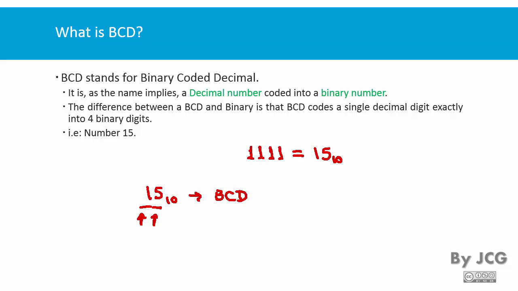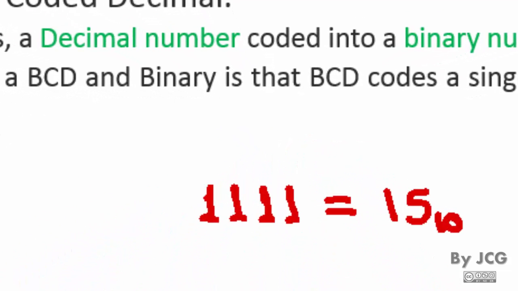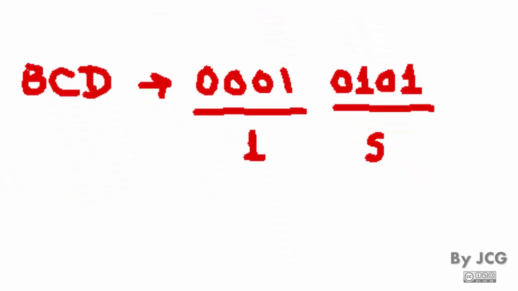So we have 2 digits, and each digit must go into 4 binary digits. So this will become 4 digits for digit number 1, which would be 0, 0, 0, 1, and 4 binary digits for decimal digit 5. So notice how the binary number is very different from the BCD number.